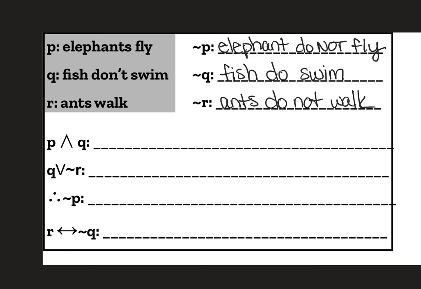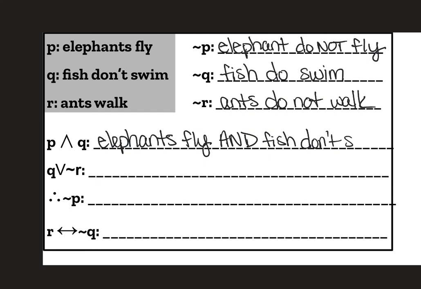Now that you have had a chance to look at this stuff, pause it, try it. Our first statement would be elephants fly and fish don't swim.